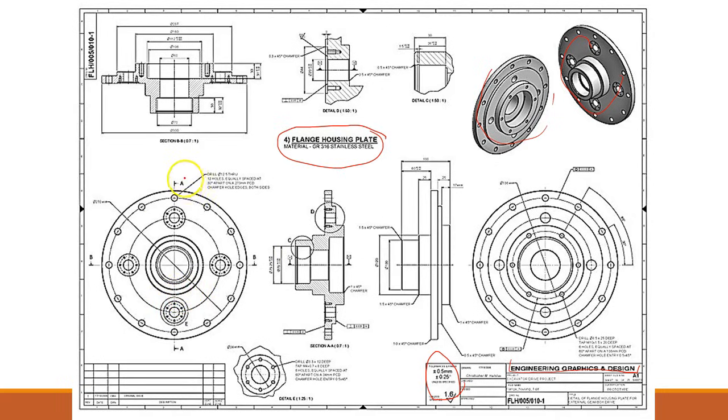We have a section view, section AA, that slices it right down the middle, and we can see the internal workings of this component. We see all the dimensions that we're going to be concerned with, the different types of threads, the different types of bolt holes, or screws. We also can see different types of detailed drawings. So we've got detail D, which depicts this portion here.